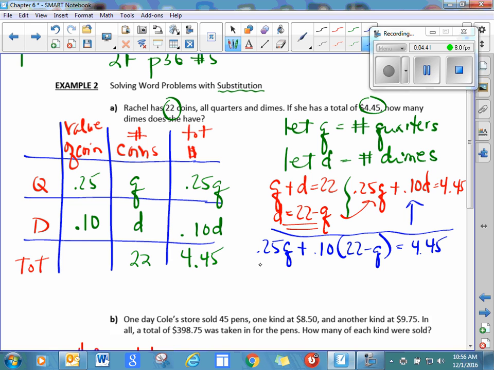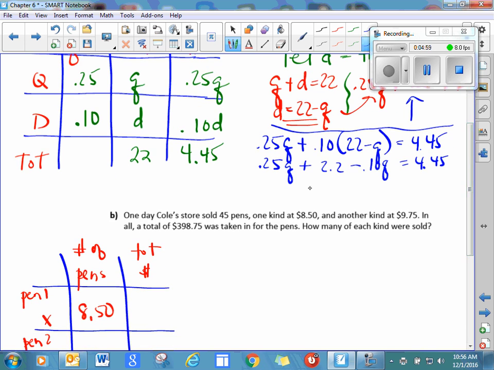So if you distribute, which we need to do, 0.25 Q plus 2.2 minus 0.10 Q equals 4.45. Be careful with your decimals. Collect your like terms. There they are.